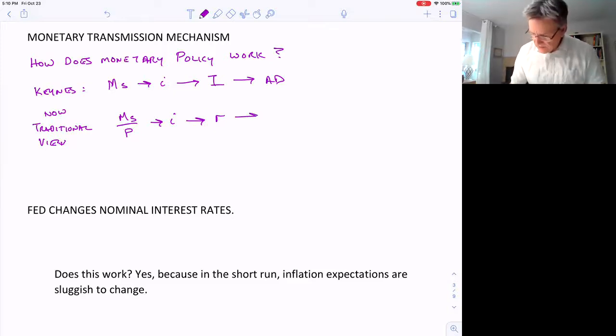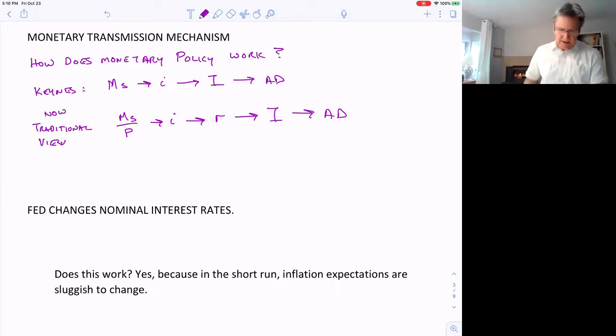And it's the real interest rate then that affects investment spending, which affects aggregate demand. So a slight difference. The model that we'll go through, the IAS-MP model, relies on this, that money works this way. That by changing real money supply affects real interest rates, which affects investment spending, which affects aggregate demand.